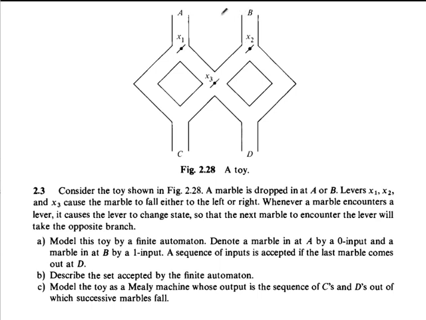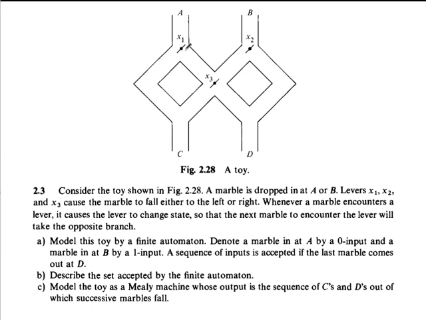And when a marble hits one of these switches, if it is in this position, then the marble will go this way. But if it hits this, then the position will be flipped. So it's this way. If a marble hits this, then this switch will be turned this way. So the next marble, if you put it here, then it will go to this side, and again this will be switched.